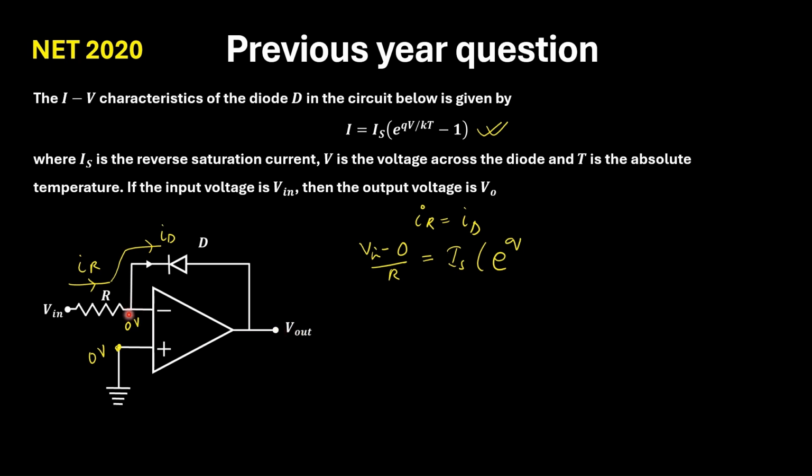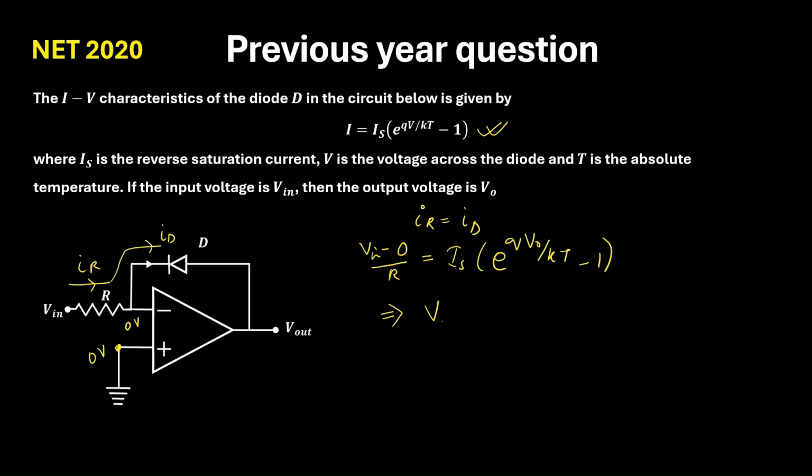Since this is 0 volt, we can take the voltage across the diode to be V output. So instead of V, we can write V output divided by KT, minus 1. Now, using this relation, you can pause the video and express the output in terms of input. So you'll get the final answer.